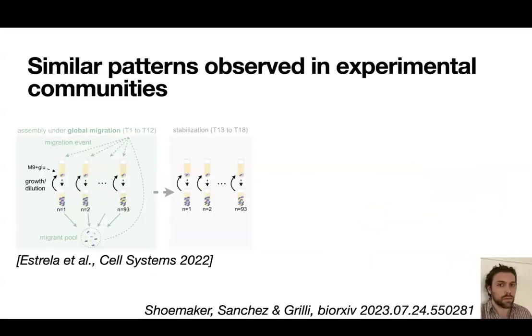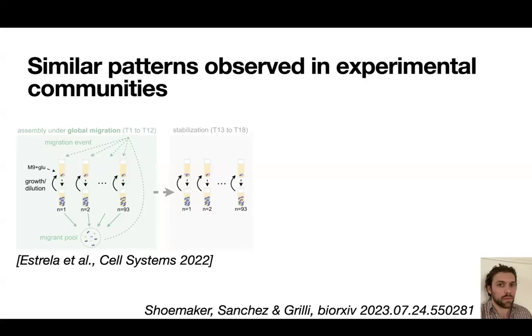Something similar you can observe in experimental communities. So, for instance, in this case, you have a pool of species, and you assemble these communities by growing them in a serial dilution setting, where you reinoculate the next day with a small sample taken from the previous day.